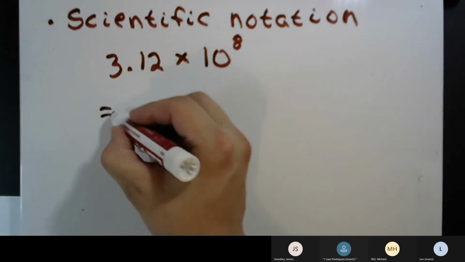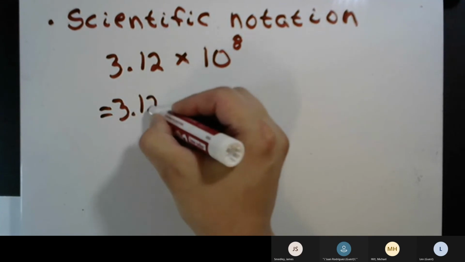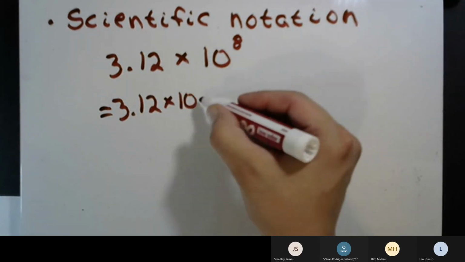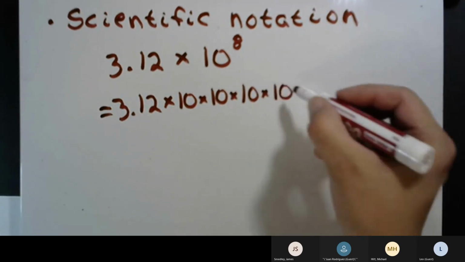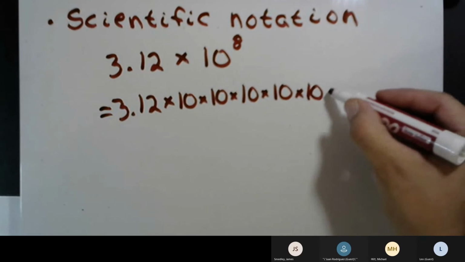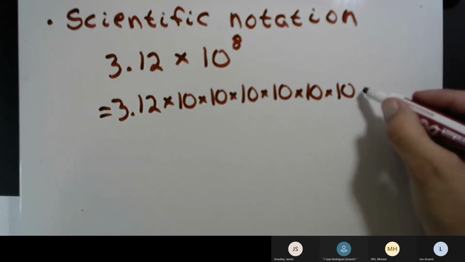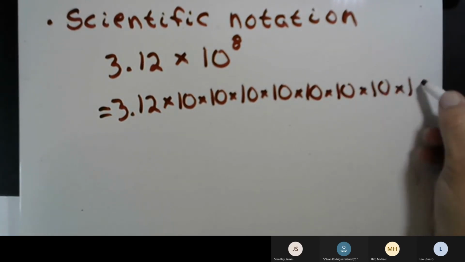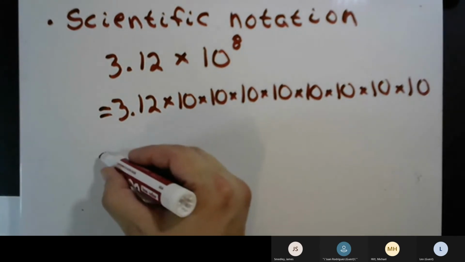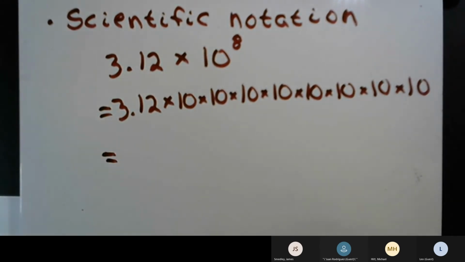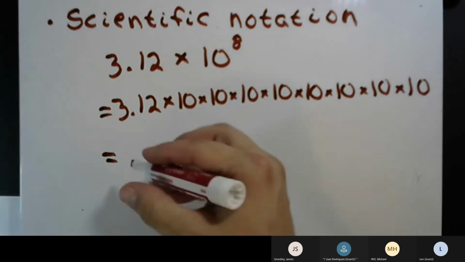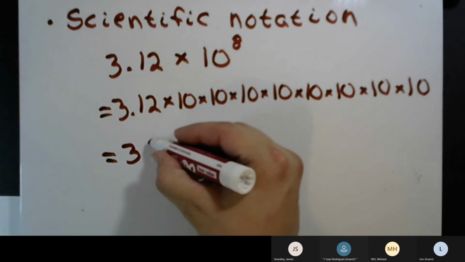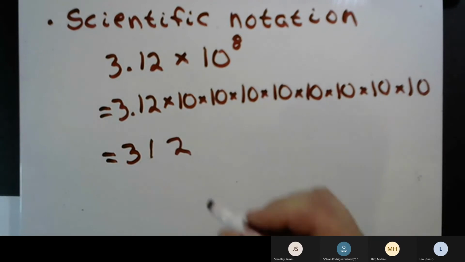What this just means is 3.12 times 8 tens. And the way you can do this, each time you multiply by 10, you're tacking on a 0 to this number, or you're moving the decimal one spot to the right.